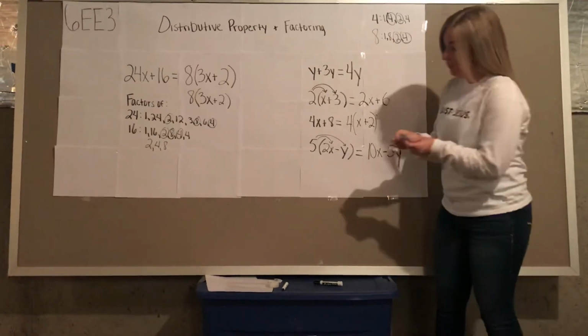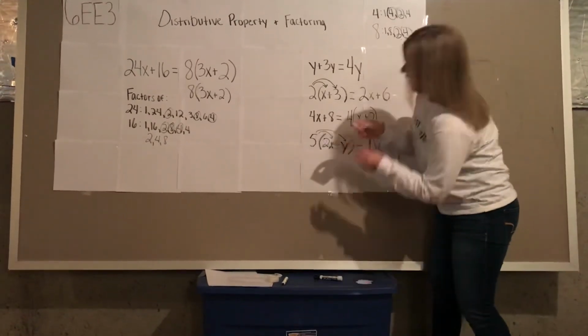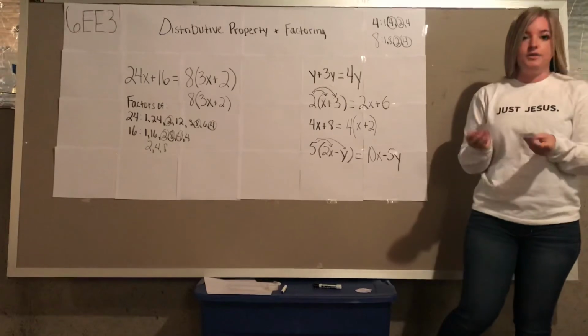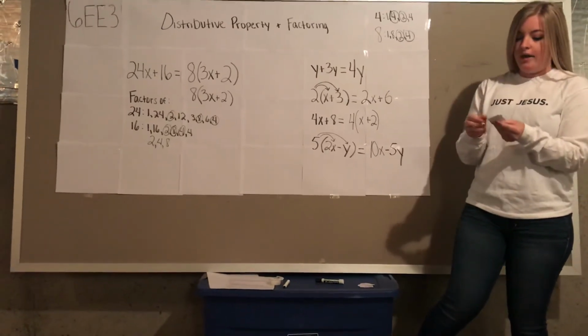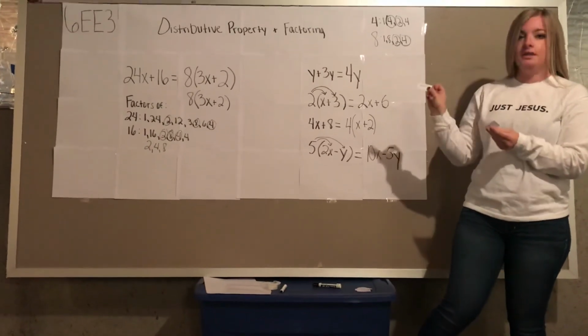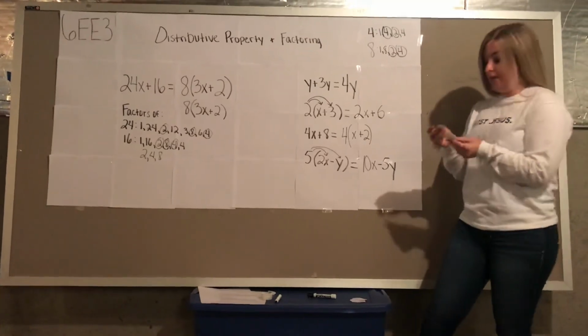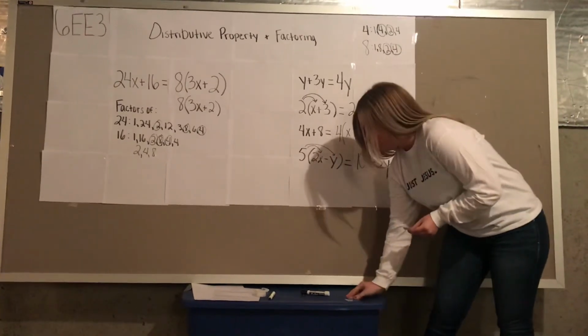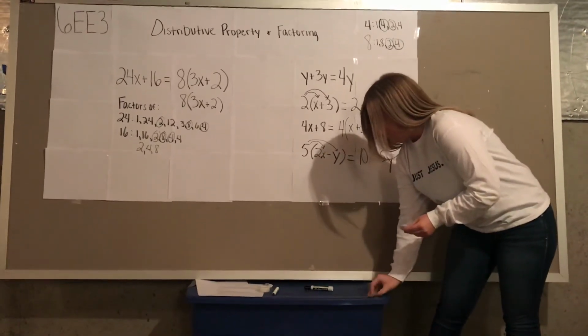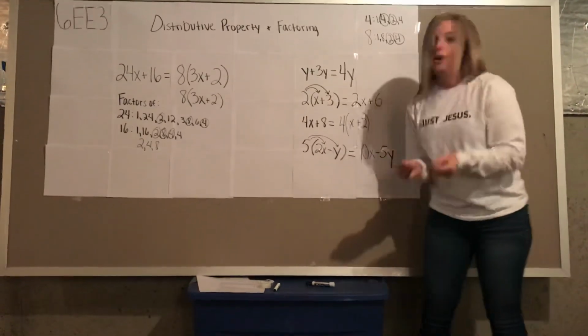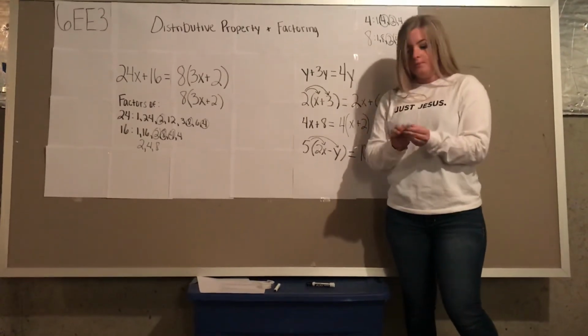So one example would be 6x plus 48. The matching would be 6 parentheses x plus 8. I'll give you the answer. And whoever finished first obviously would be the winners.